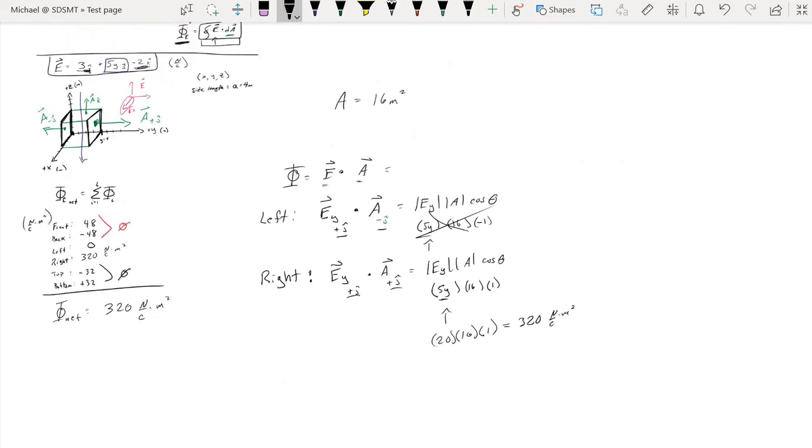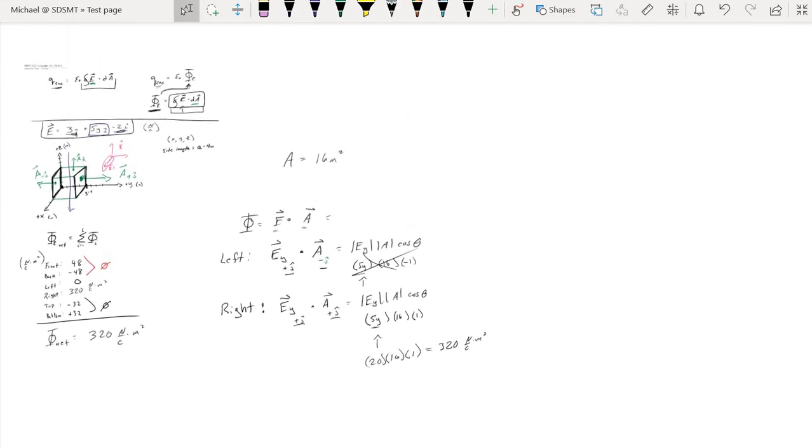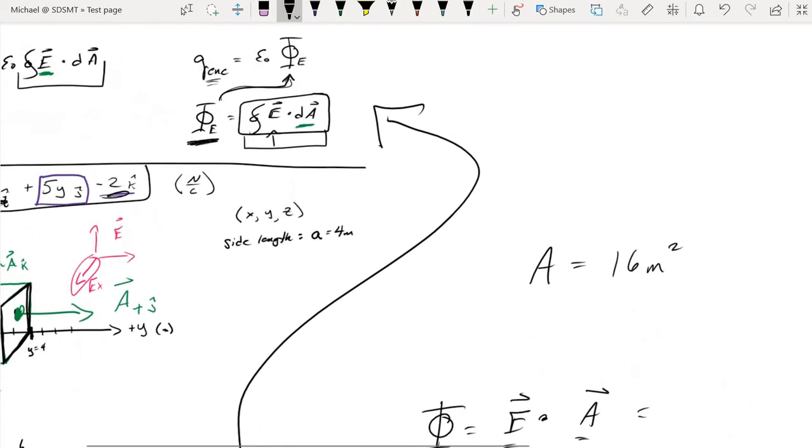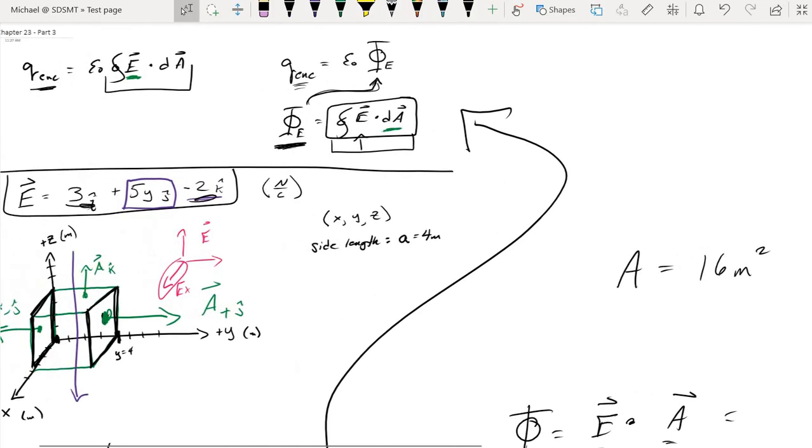And now we can use that back up here to evaluate how much charge is present inside the confines of our cube.